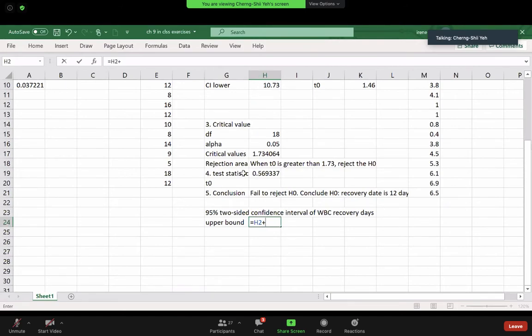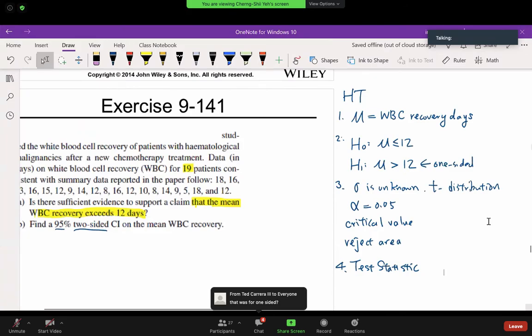Does anybody know why? Why can't I use that test statistic calculated earlier? I'm gonna go back to here in a second. I think it's greater than the t, right? So over here, what we set up is a one-sided hypothesis testing.